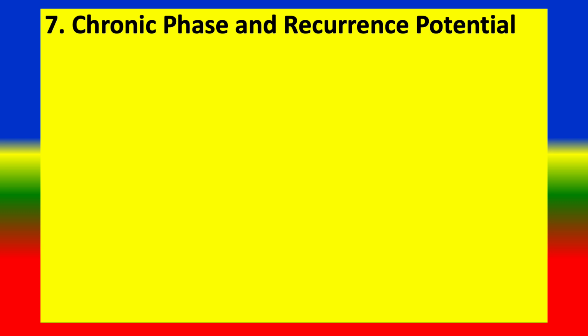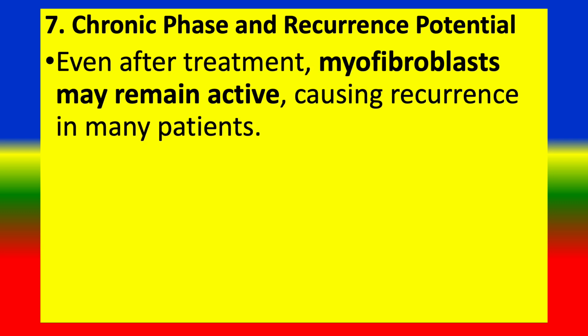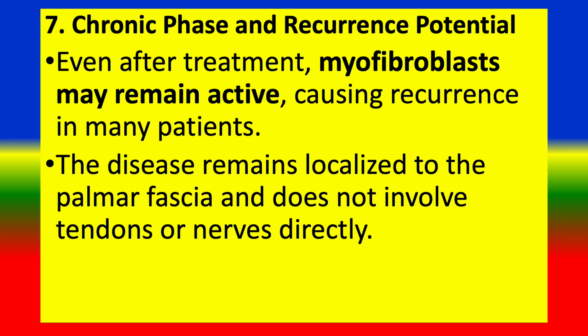Chronic pace and recurrence potential. Even after treatment, myofibroblasts may remain active, causing recurrence in many patients. The disease remains localized to the palmar fascia and does not involve tendons or nerves directly.